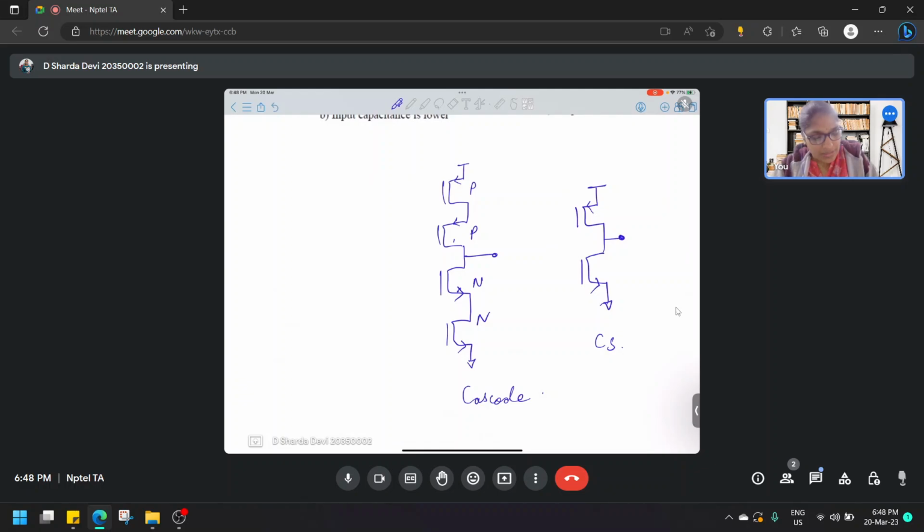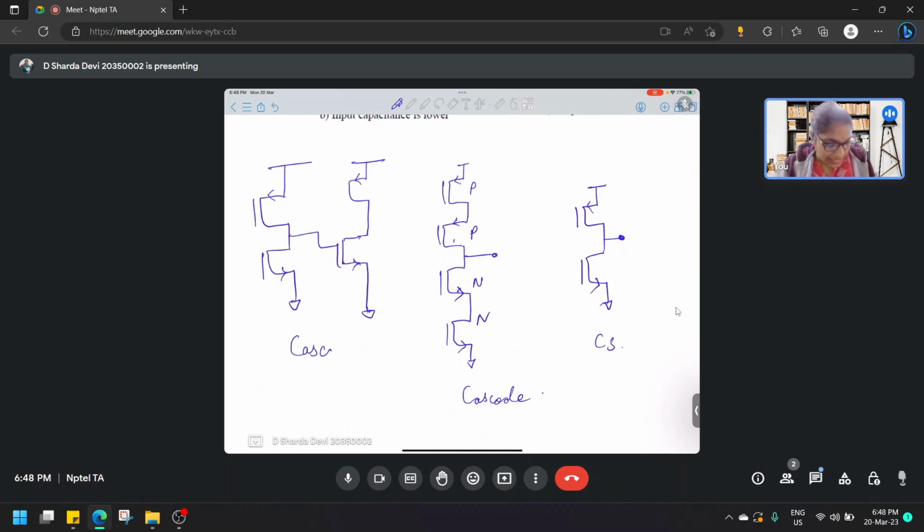And what about cascade? If there are two CS stages such that the output from one is joined as input to the other, then we call it a cascade.